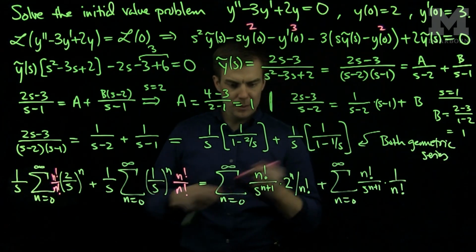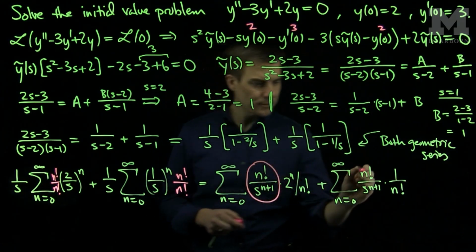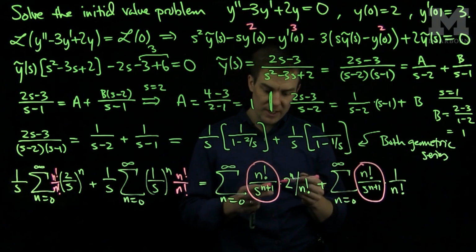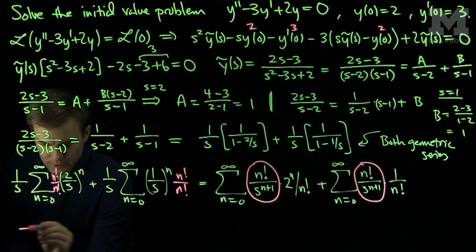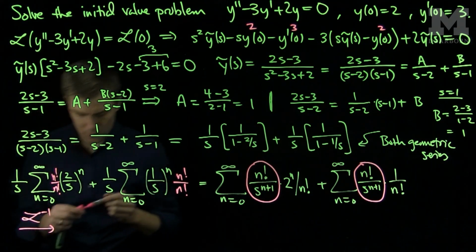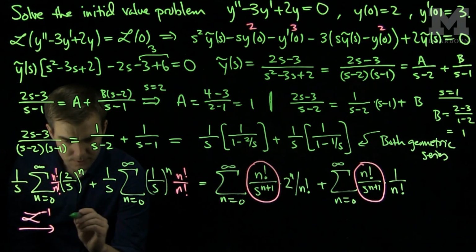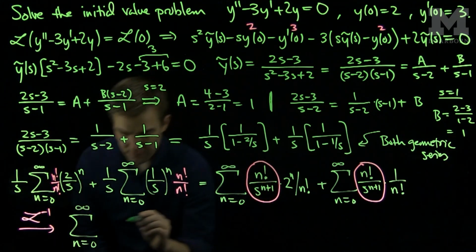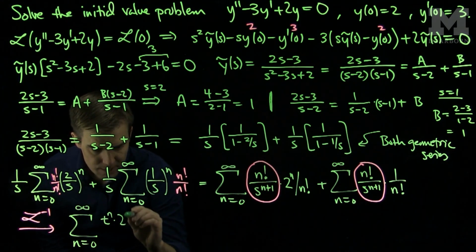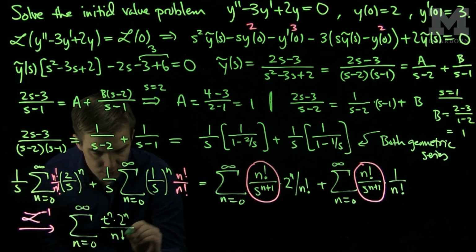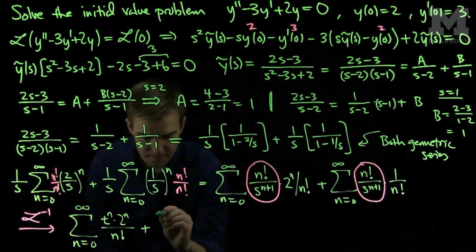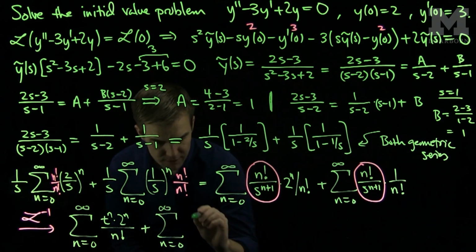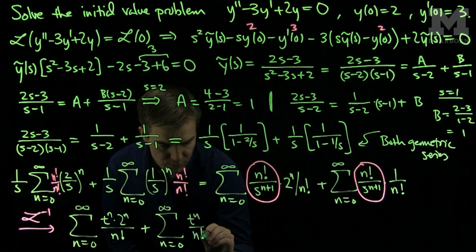Now I will do the inverse Laplace transform of this and the inverse Laplace transform of this. We know that those will both inverse Laplace transform to t to the n. So when we do the inverse transform, we will get the series, the sum, n goes from 0 to infinity, of t to the n times 2 to the n over n factorial, plus the sum, n goes from 0 to infinity, of t to the n over n factorial.